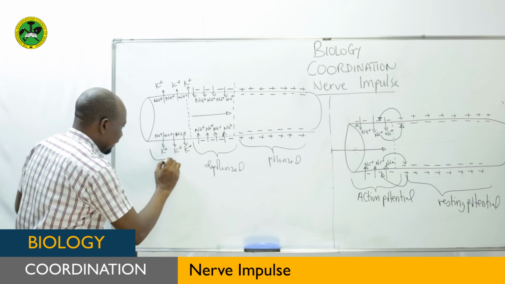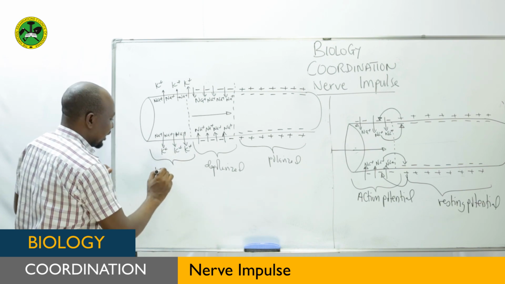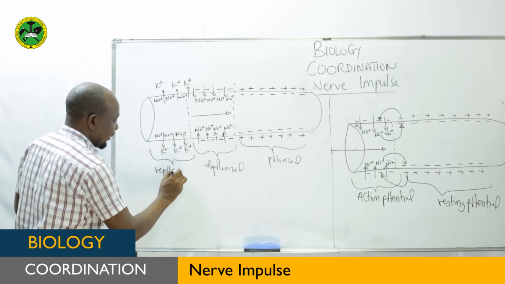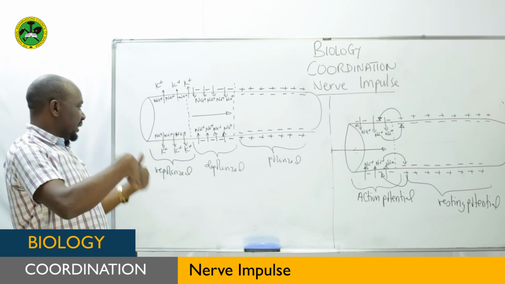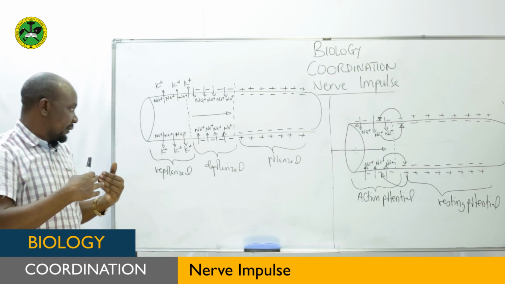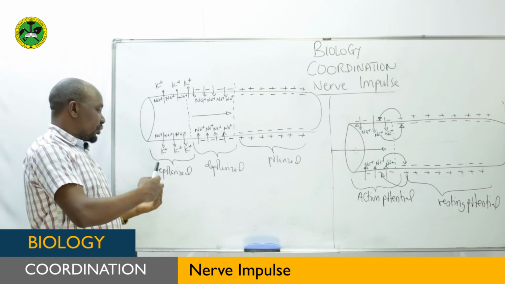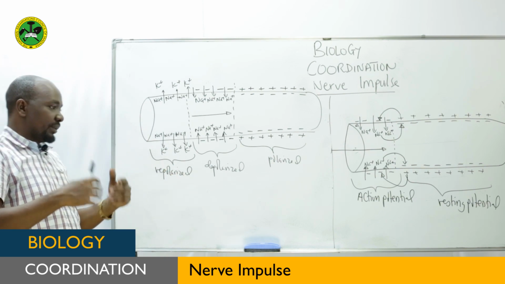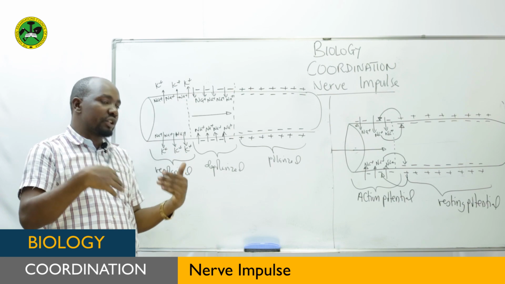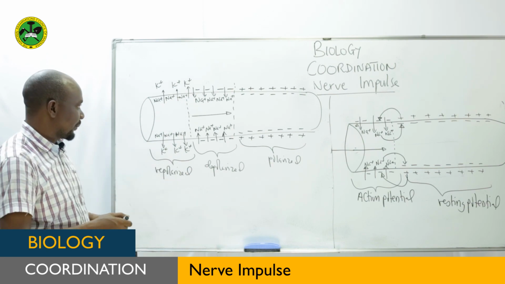And this membrane is described as a repolarized membrane. It is when the axon membrane starts to restore its polarity, or restoration of its origin.